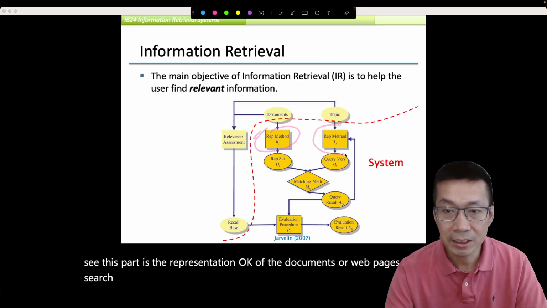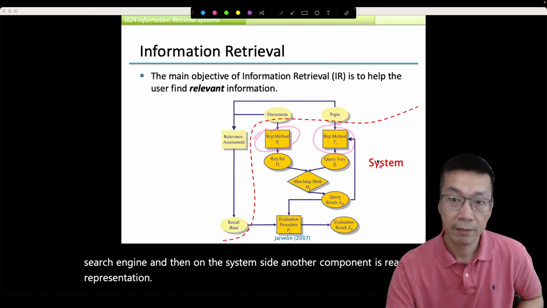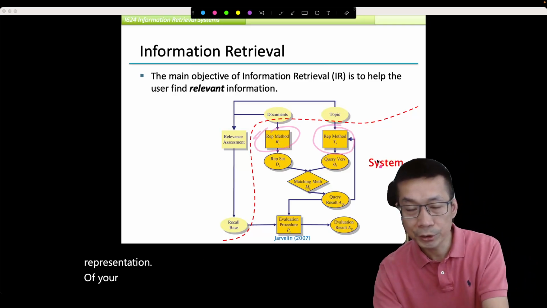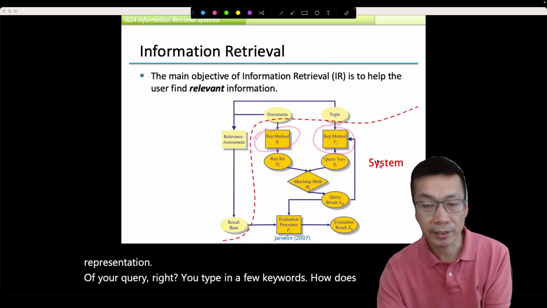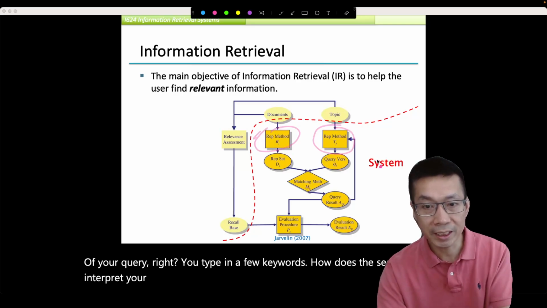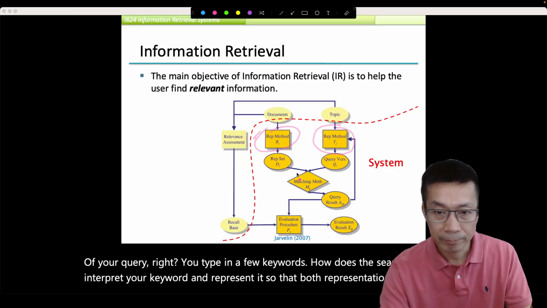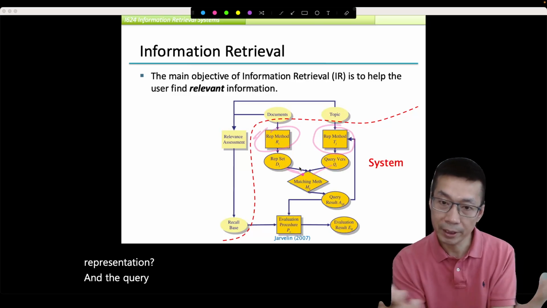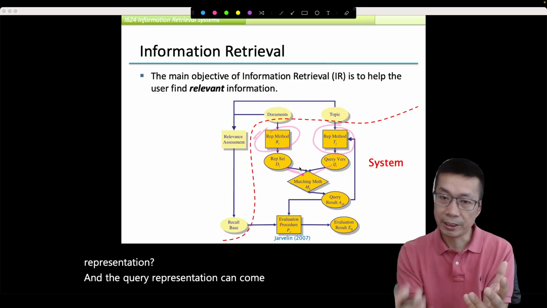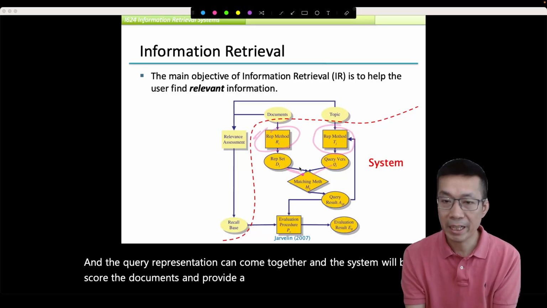And then on the system side, another component is really the representation of your query, right? You type in a few keywords. How does the search engine interpret your keywords and represent them so that both representations, the document representation and the query representation, can come together, and the system will be able to score the documents and provide a ranking or matching, right?